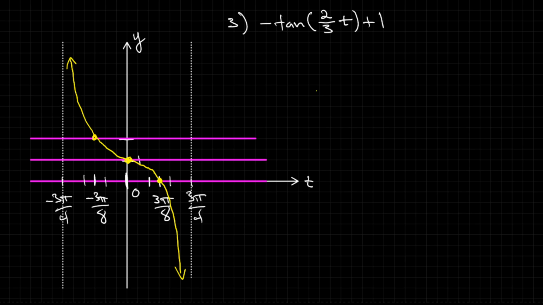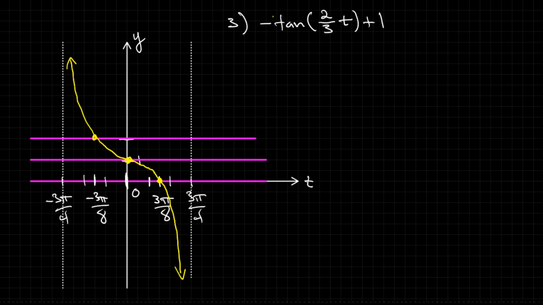Let's go over some terminologies for this trigonometric function, like we did when we talked about transformations of sine of t and cosine of t. Now, when we talked about sine of t and cosine of t, we had this term called amplitude, which essentially was the vertical stretch, but without any negatives.